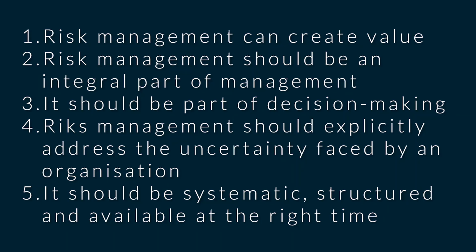Now look, the ISO 31000 is built on the following principles. Number 1, risk management can create value. Number 2, risk management should be an integral part of management. Number 3, it should be part of decision making. Number 4, risk management should explicitly address the uncertainty faced by an organization. Number 5, it should be systematic, structured, and available at the right time.